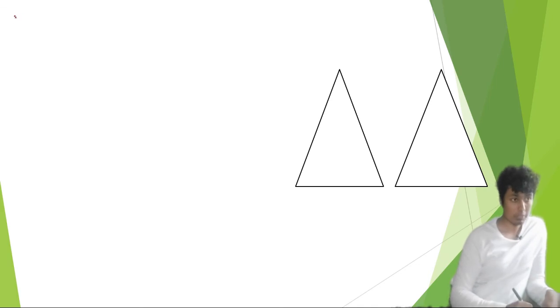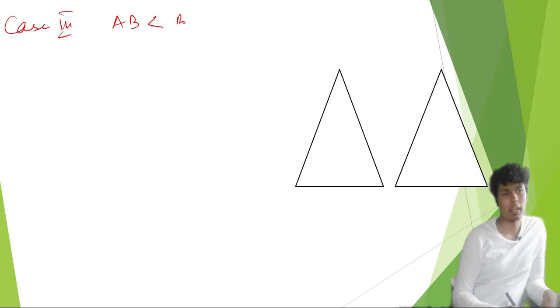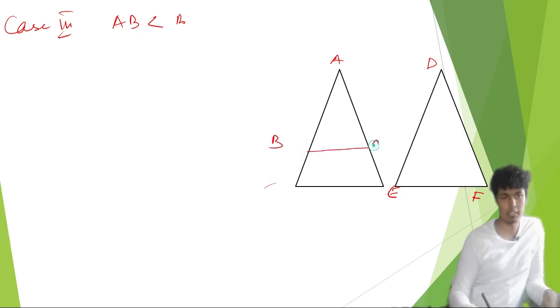Case 3. What is our case 3? Case 3 says if AB is less than DE, with triangles ABC and DEF, AB is smaller than DE. This is our third case.